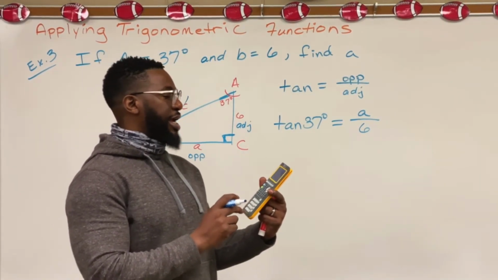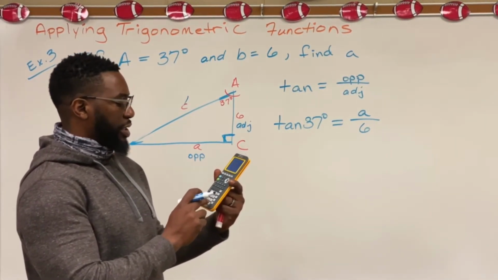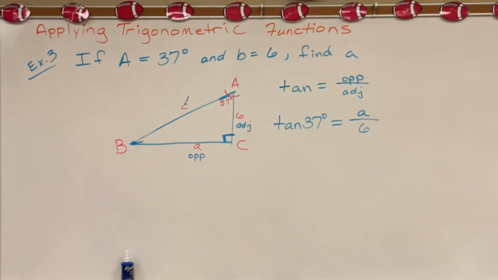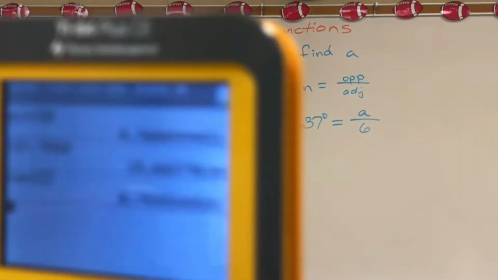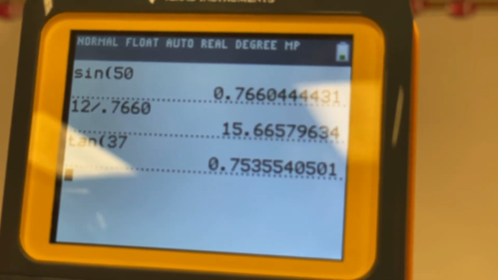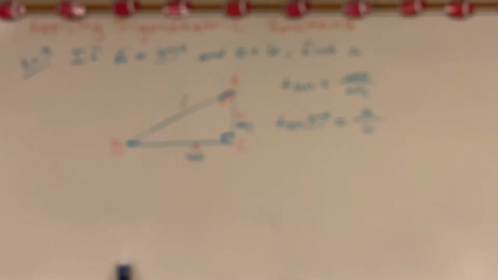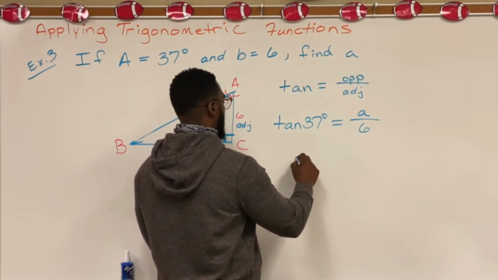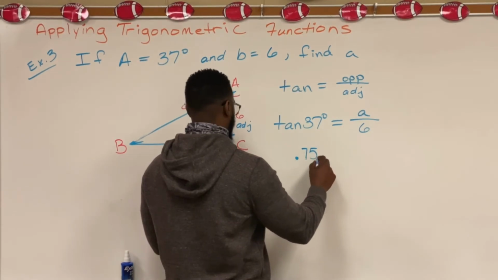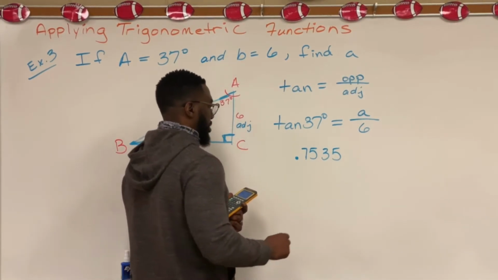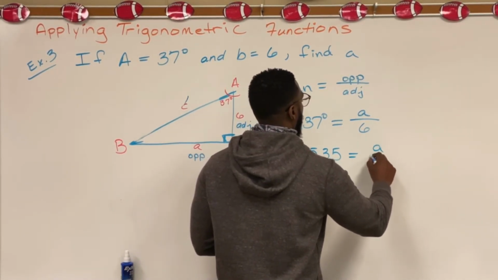We're going to go tan 37 degrees equals, and we're going to get 0.7535545050. We're going to take the first four numbers after the decimal, which would give us 0.7535 equals A over 6.